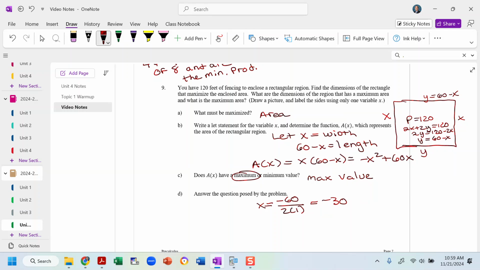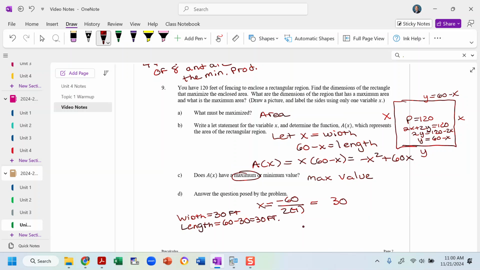And then, because it says what is the maximum area, we have to put in the negative 30. So the dimensions, it would be 2 times negative 1, so it would be a positive 30. My fault. So the width would be 30. That means the length would be 60 minus 30, which is also 30.